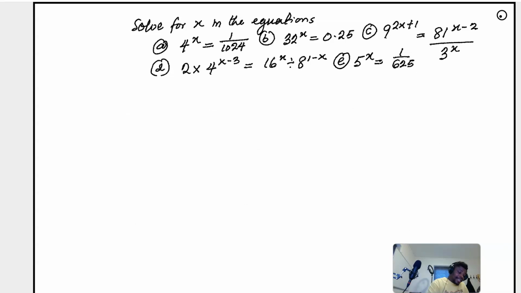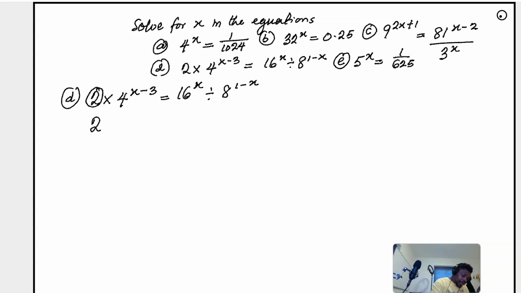Now, question D. 2 times 4 raised to x minus 3 is equal to 16 raised to x divided by 8 raised to 1 minus x. 2 is already in its simplest form; remember, 2 is the same thing as 2 raised to 1, because anything raised to 1 is that thing. 4 in its simplest form is 2 raised to 2.